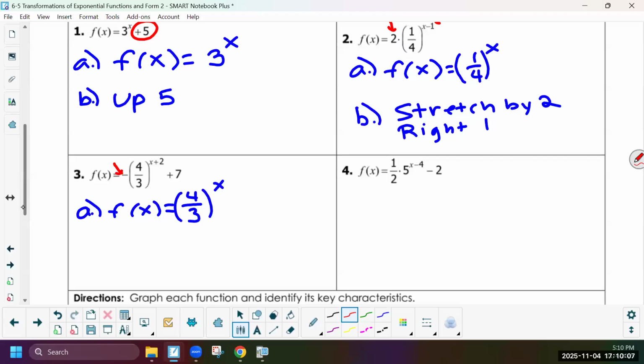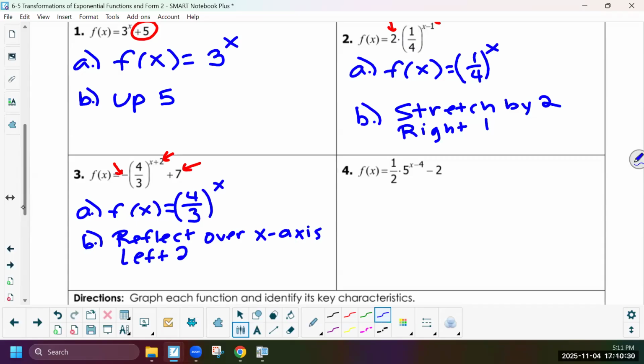We've got a negative, we've got a +2, and we've got a +7. So as far as transformations go, the negative reflects over the x-axis. The +2 moves it left 2. And the +7 moves it up 7.